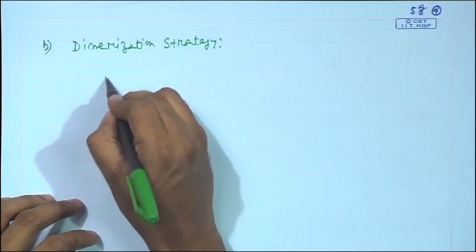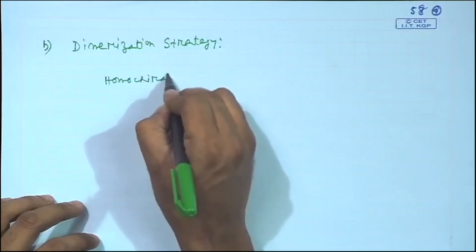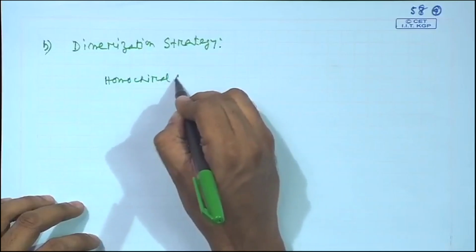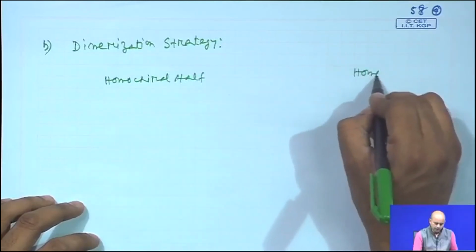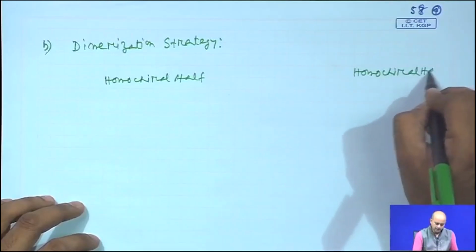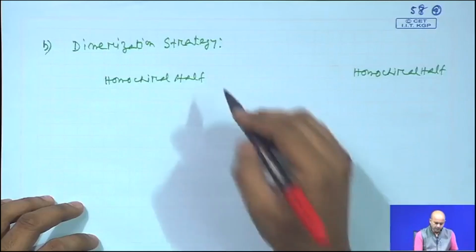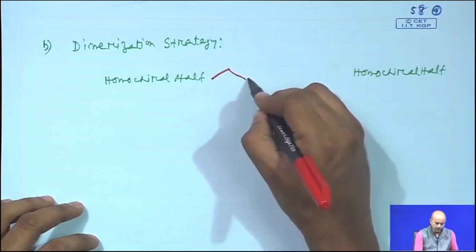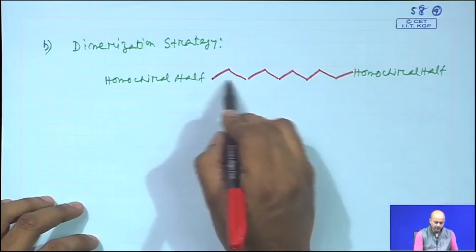So, your compound will be something like this: you have one homochiral half and you have another homochiral half. Homochiral half means they have the same sense of chirality. If they are enantiomeric to each other, they will be heterochiral. Here, the two homochiral halves you basically dimerize through some achiral spacer.